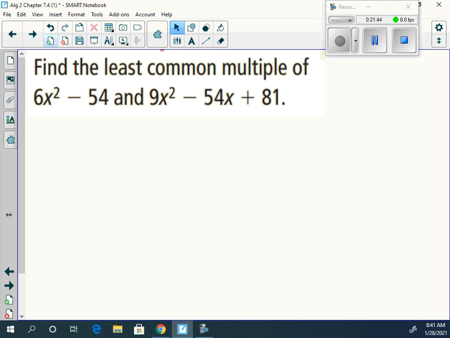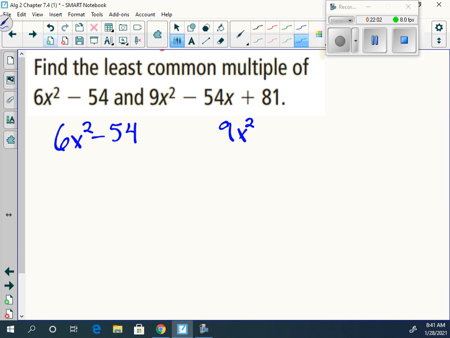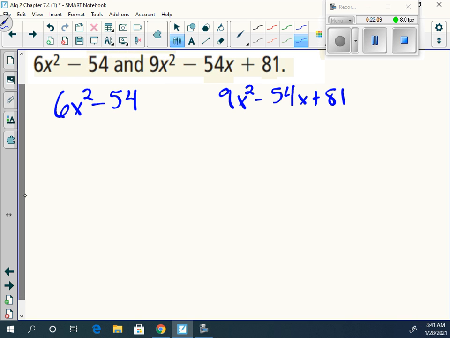So we'll look at another greatest common factor, kind of looking at this here, and seeing how this works. Okay, when we look at this here, we have 6x squared minus 54, and 9x squared minus 54x plus 81.